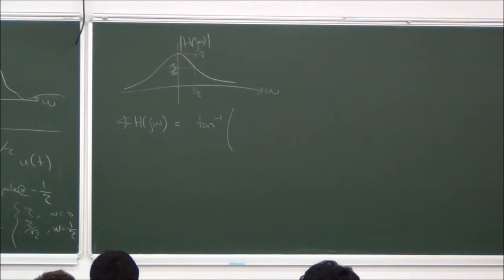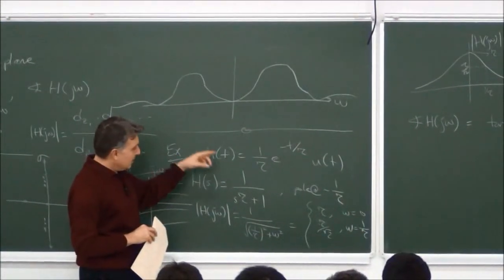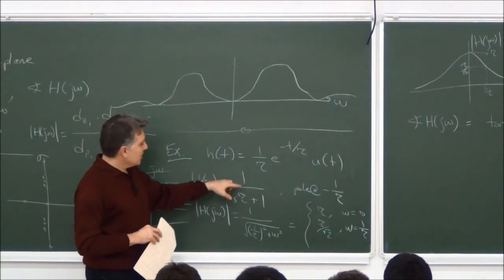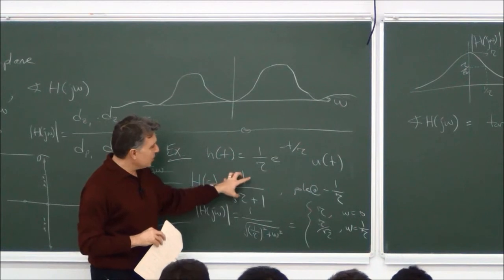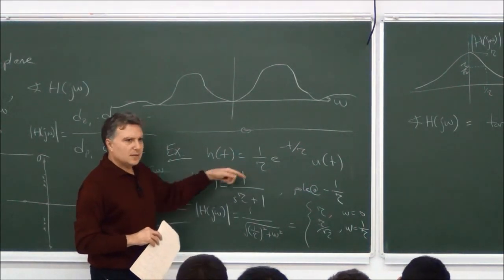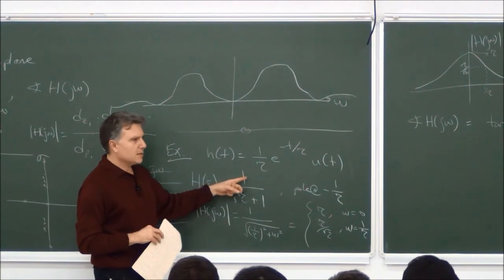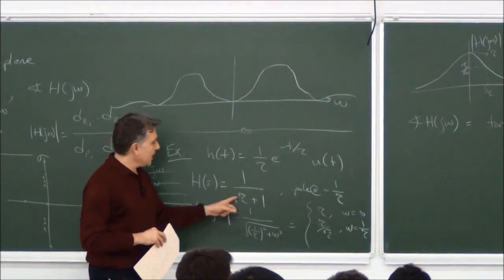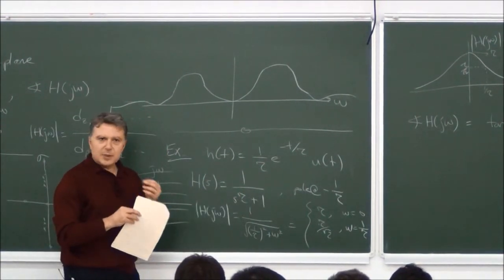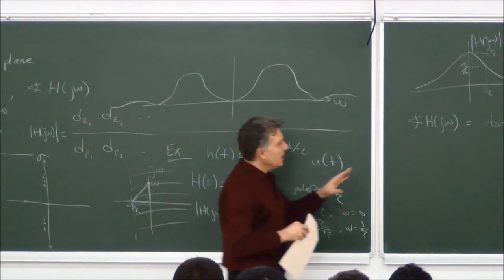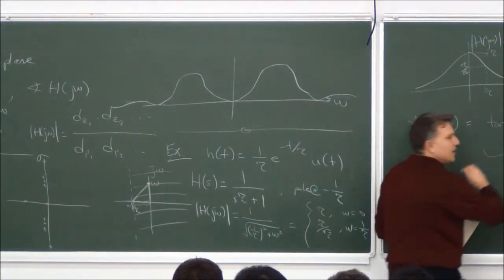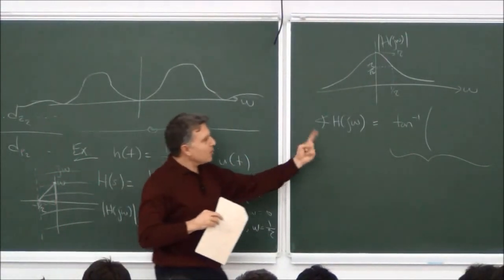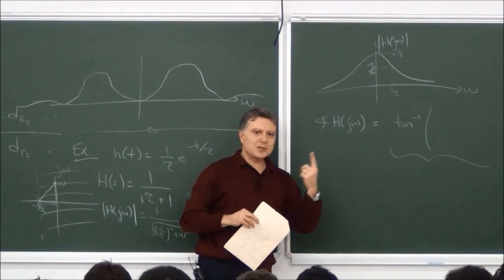For zeros, the imaginary part divided by the real part will be added. For example, in the numerator, it will be a polynomial of s, right? We have s squared plus s plus 1 and something like that. So it will have 2 zeros, for example, and we have 3 poles at the denominator. Depending on the number of poles and zeros, we just add each pole's and each zero's angle. This is one of them, but there is only one pole here, so there is only one angle.